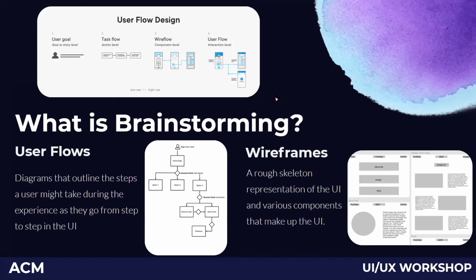I used Miro, that's one of the software tools I use to make my user flows, or I probably just sketch it down in my GoodNotes, or physically sketch it when I'm thinking about it.